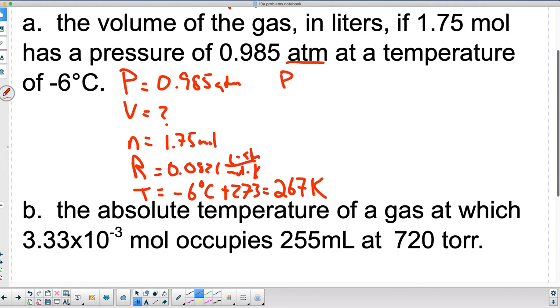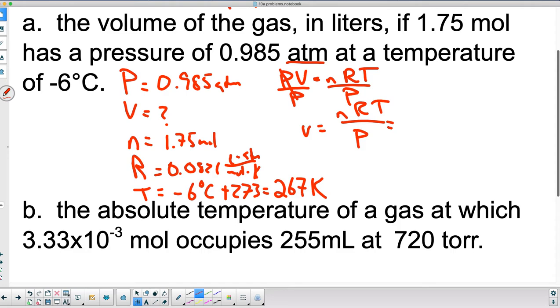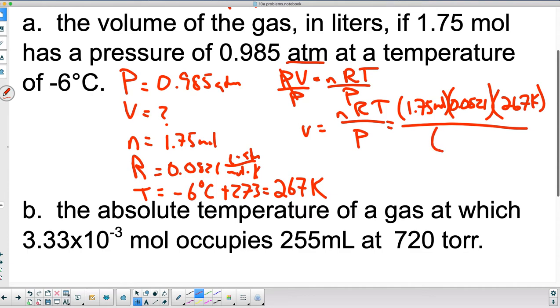So I've got PV equals nRT. I'm looking for volume, so I divide by pressure to get rid of pressure on that side, and I divide the other side too. So volume equals nRT divided by P, which equals 1.75 moles times 0.0821, and then temperature is 267 Kelvin, all over pressure of 0.985 atmospheres.